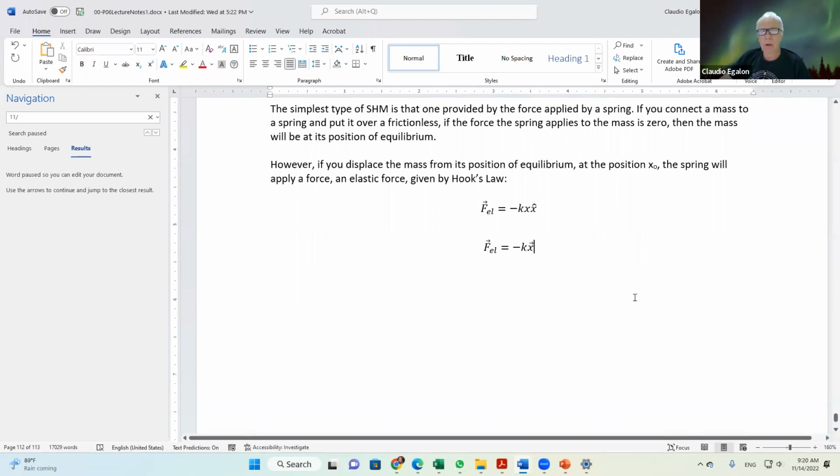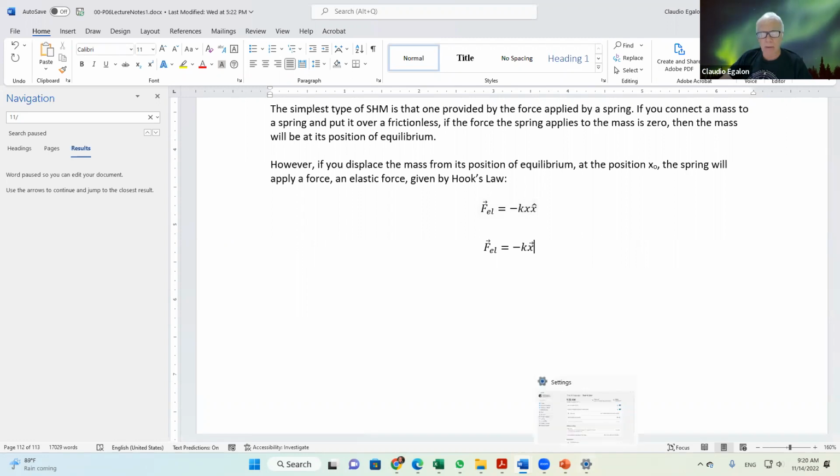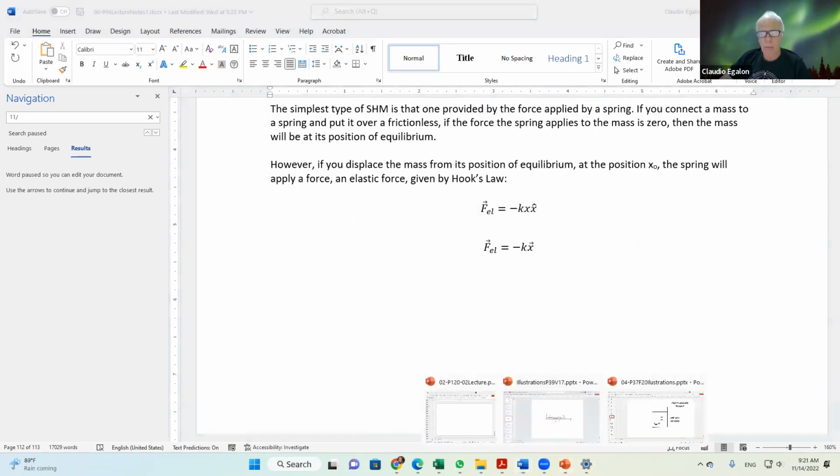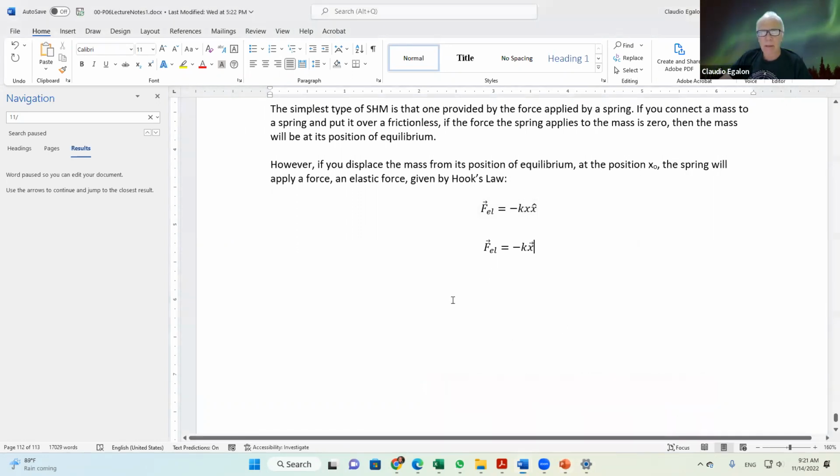Can you understand that? So the more deformation you apply to the spring, the greater the force becomes.